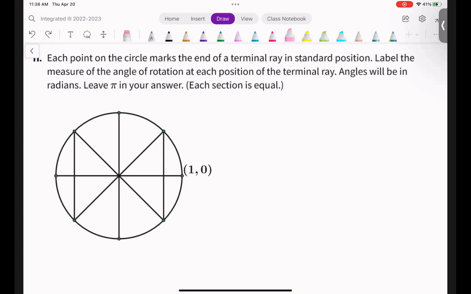Yes, okay, very good. So actually before that, before you even marked it in degrees, you had to do something. What did you do before you started marking?